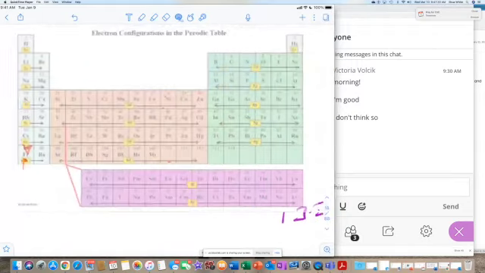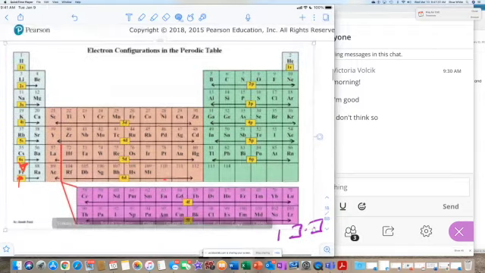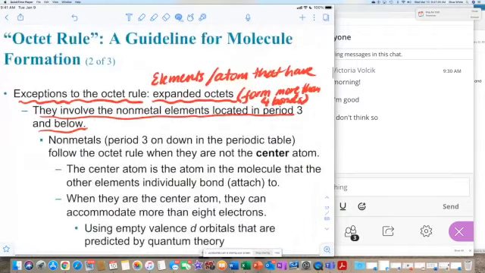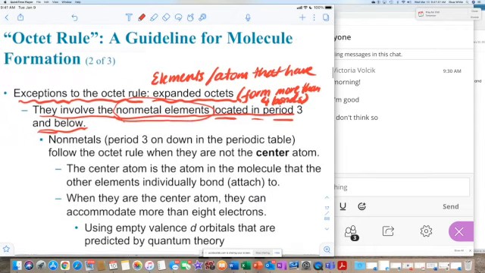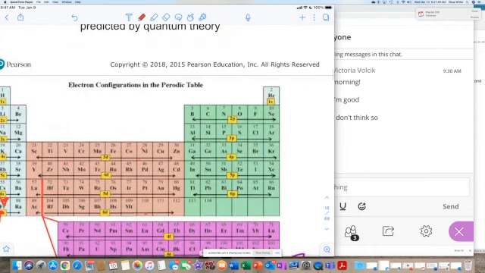Yay. Okay, so we're being told where to find these elements, right? They're saying find a nonmetal element located in period 3 and below. So I'm going to find this right here. Period 3 is similar, not exactly like, but similar to energy level 3. So this is period 1, 2, 3.